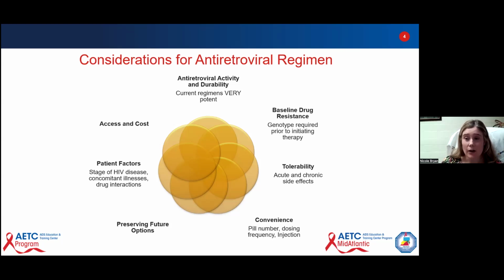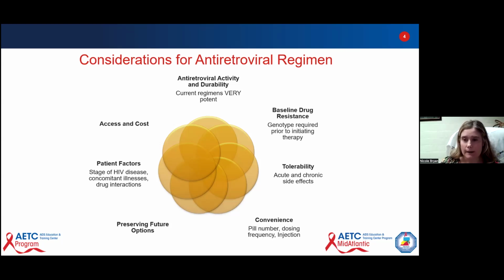Patient factors: how advanced is their HIV? How low is their CD4 count? Are they at risk for any opportunistic infections? Do they have any associated illnesses? What other medications do they need to be on that may interact? And of course, access and cost. Do they have insurance? Are the medications we would like to use available on their insurance's formulary?